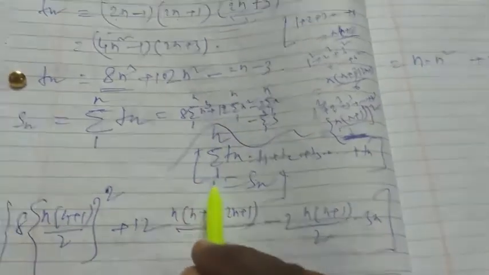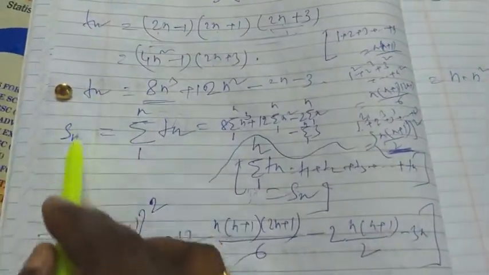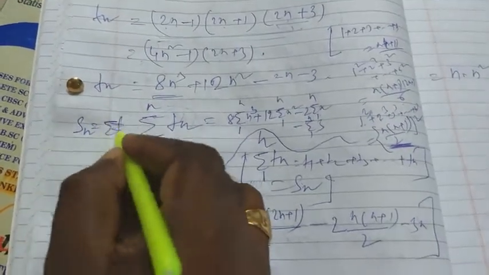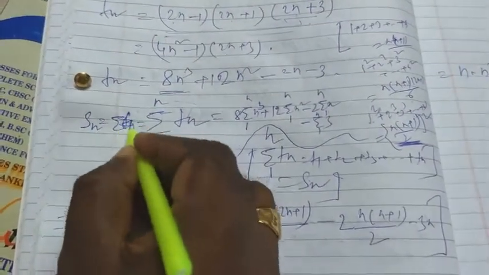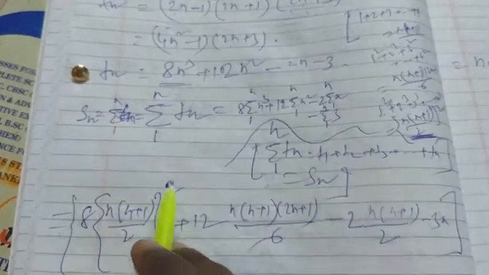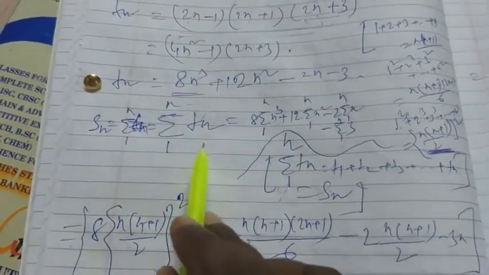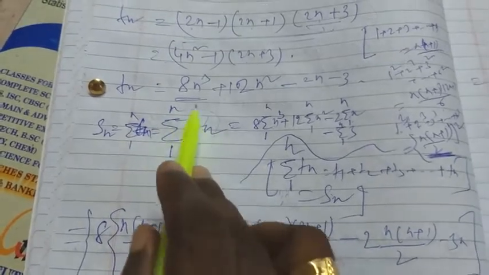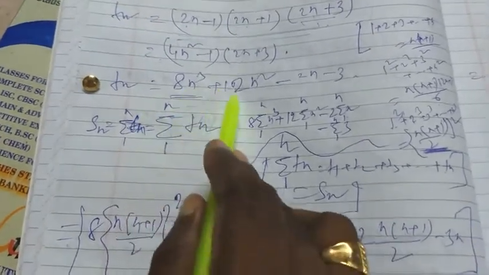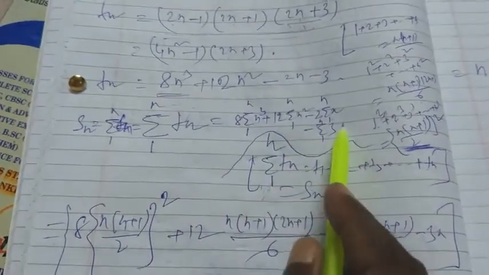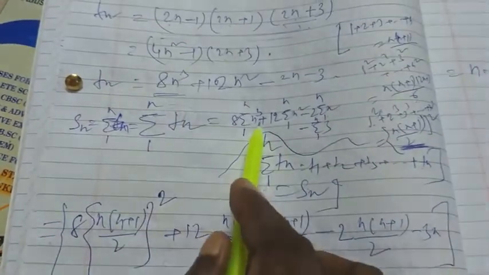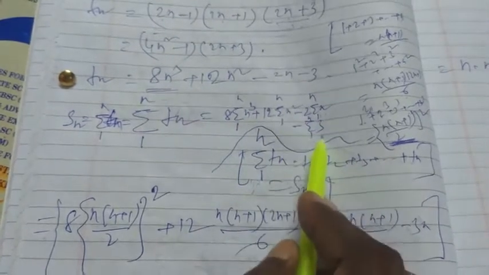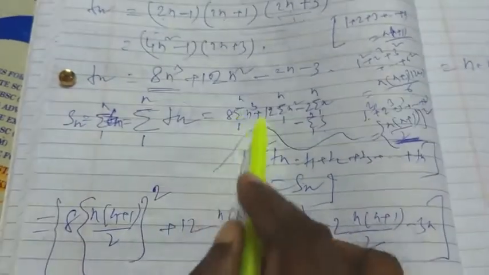Then do the summation for each term: 8 into summation n cube, 12 into summation n square, minus 2 into summation n, and 3 into summation, like that you will write.